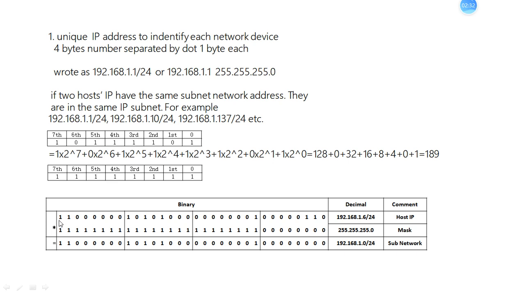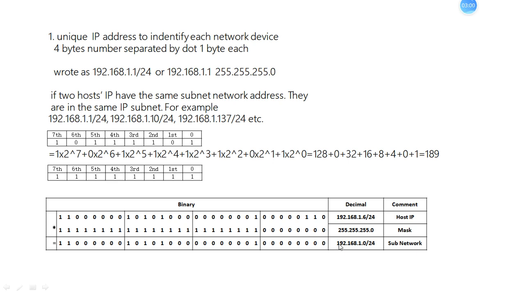Okay, so you multiply the IP address by the mask, 1 bit by 1 bit, like this way. 1 times 1 equals 1. 1 times 1 equals 1. 0 times 1 equals 0. All the way to bit 0, right? You get the subnet network address.